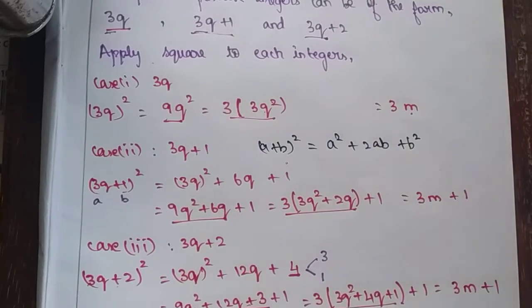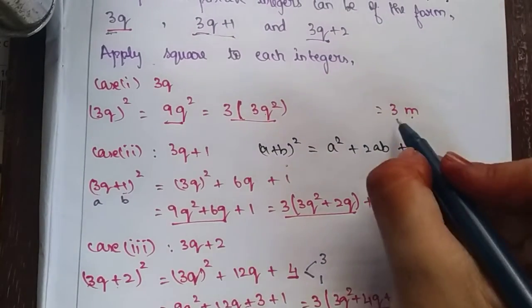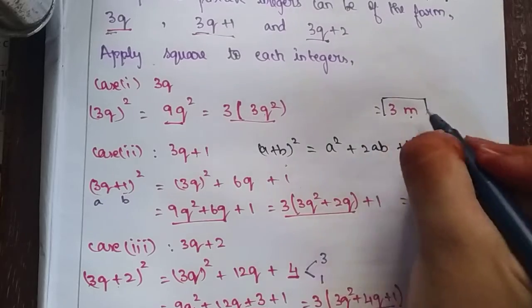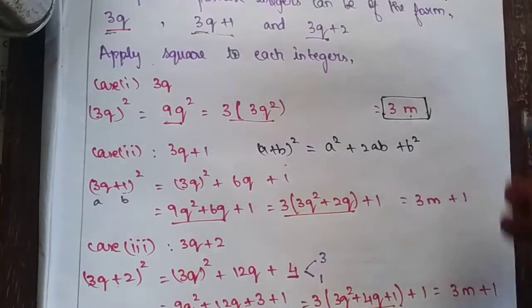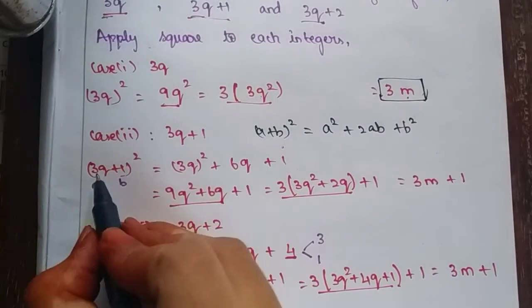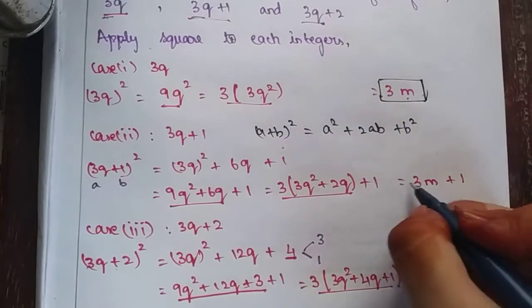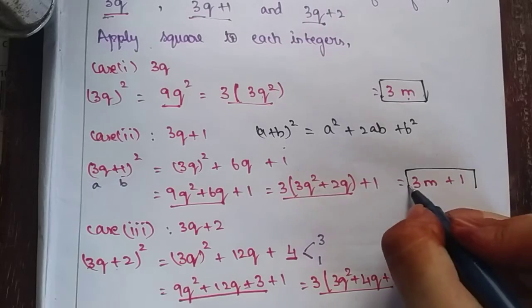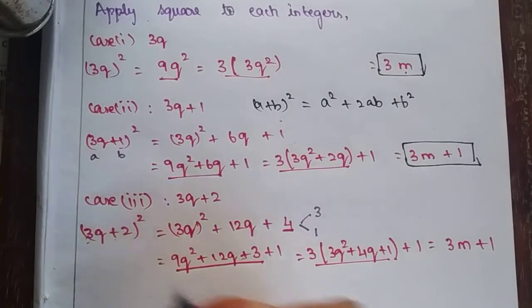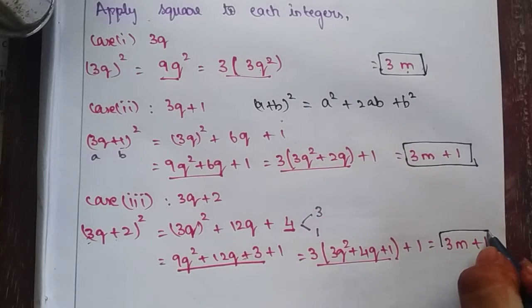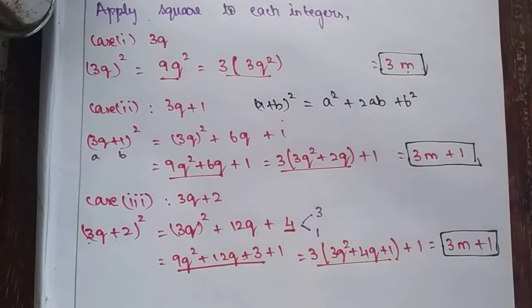See here, in the first case when we square 3q, we got 3m. In case 2, when we square 3q plus 1, we got 3m plus 1. And in the third case, when we square 3q plus 2, we got 3m plus 1.